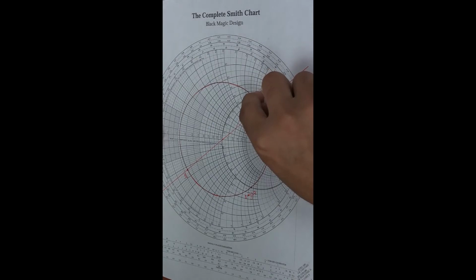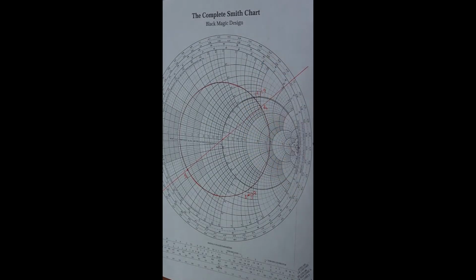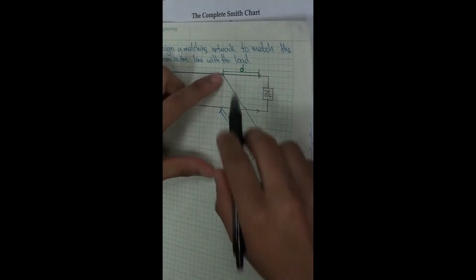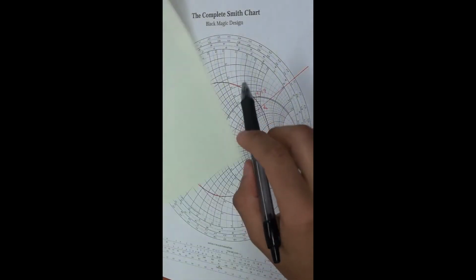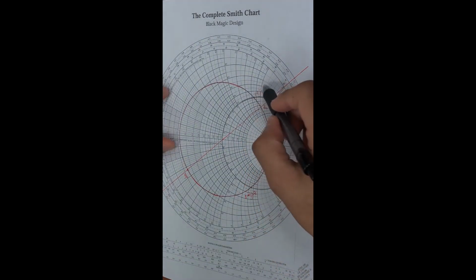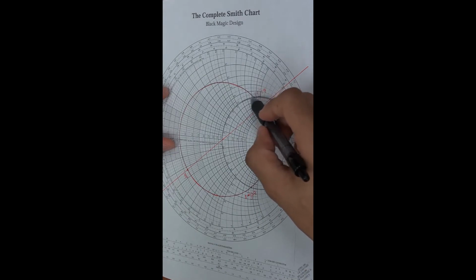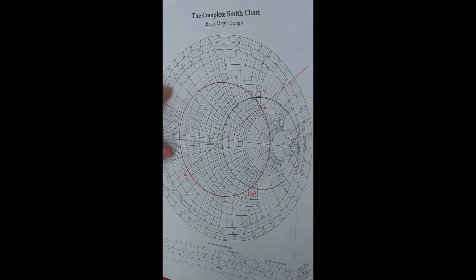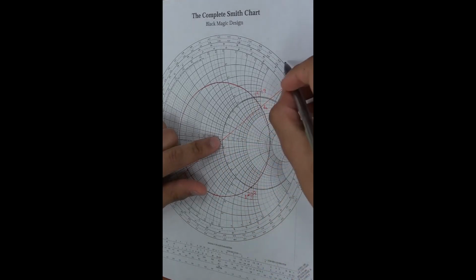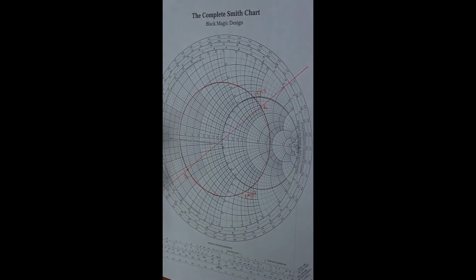We will use this point because this point will give us an input admittance at this point that will cancel the real part of this admittance. So we'll need to draw a line all the way from the center of the Smith chart to this point and cross it. Let's do that.